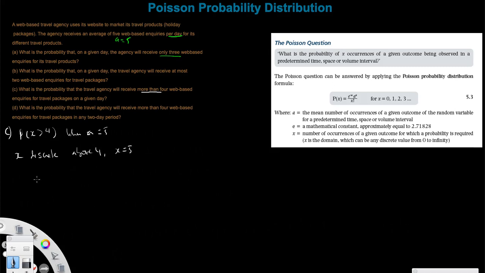But the problem now of P of X greater than or equal to 5 is that we need to find the probability of P X equal 5, P X equal 6, and so on. They didn't tell us where to stop, because it could be 5, 6, 7, 8, and so on, right?